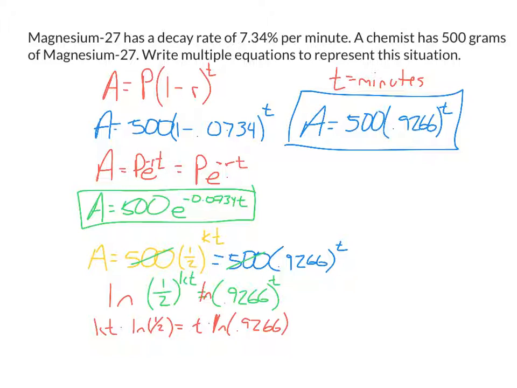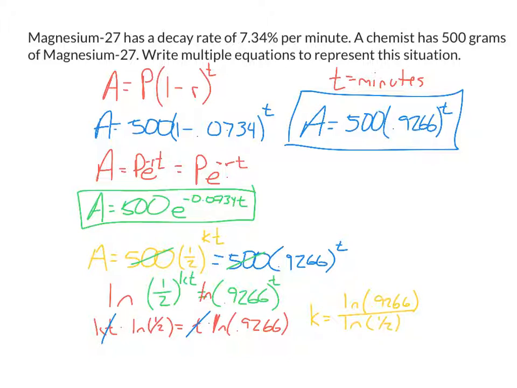When I divide out the T's, they're gone. And so K ends up equaling the natural log of 0.9266 divided by the natural log of 1/2.